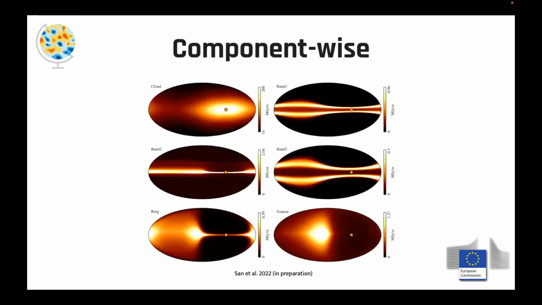You can also get the component-wise emission, and this can be useful if you observe some weird residual and you want to see if it's one or the other component. That is, if the signal clearly looks like, for instance, this thing, then you know it's that feature responsible.